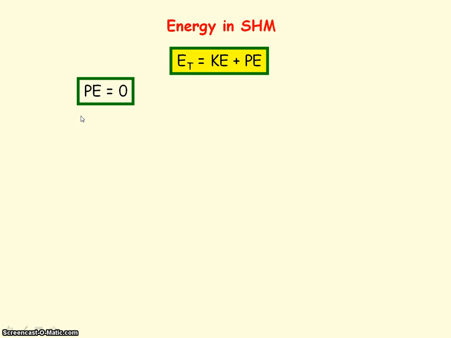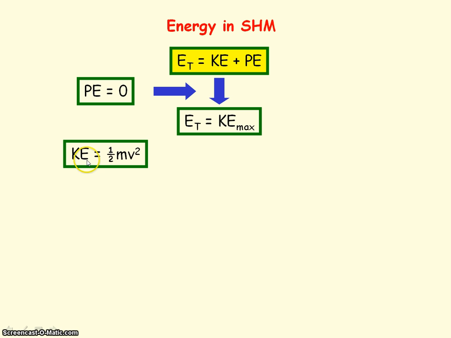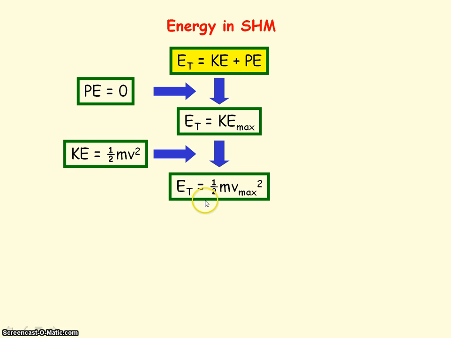So when our potential energy is zero, that means the kinetic energy will be maximum, and that will be our total energy in the oscillation. We know kinetic energy equals a half m v squared, so our total energy will equal a half m v max squared, the maximum velocity squared.